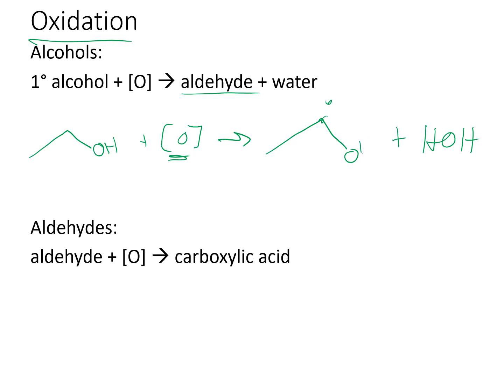If you take those out with the oxygen, you're going to form water, and you're going to end up forming a double bond there. That's an ugly looking aldehyde, but you'd end up with this ethanal being produced. So you're taking your ethanol, oxidizing it into ethanal, and you get water out of it as well.